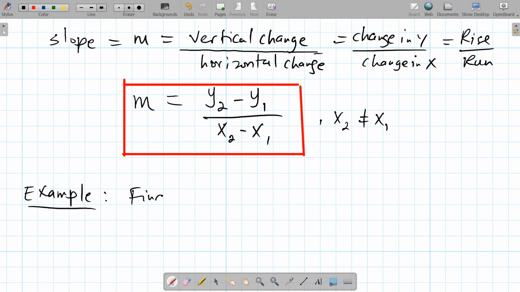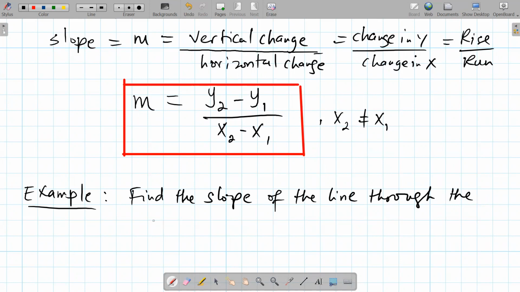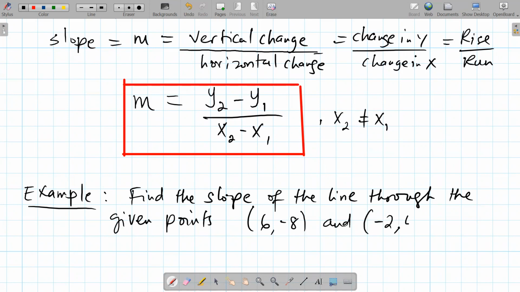Find the slope of the line through the given points, (6, -8) and (-2, 4).